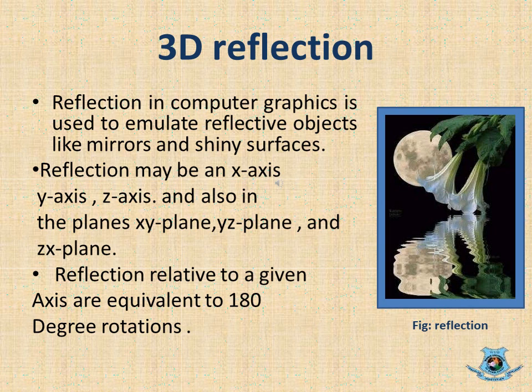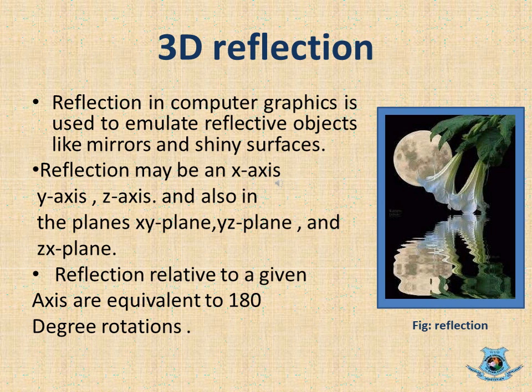Reflection in computer graphics is used to emulate reflective objects like mirrors and shining surfaces. The reflections may be about the x-axis, y-axis, z-axis, and also in the planes: xy plane, yz plane, and zx plane.